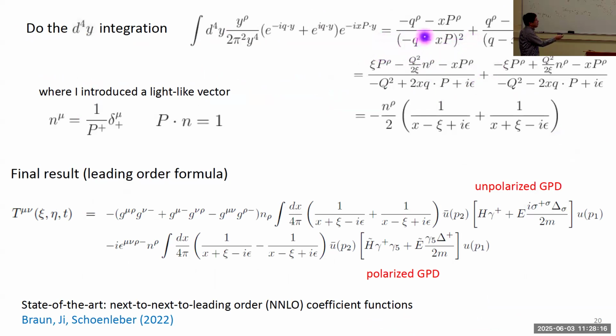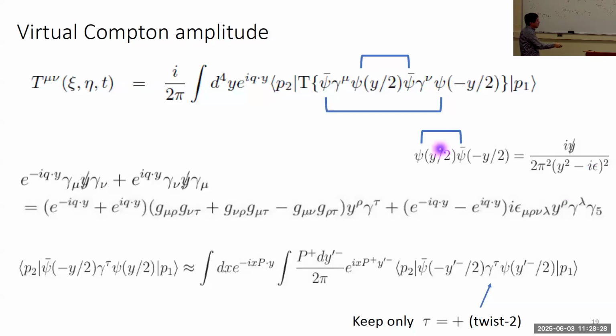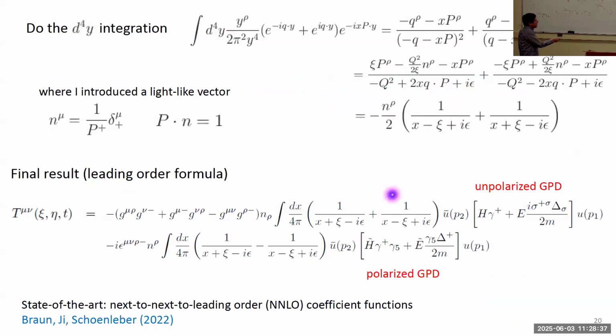So expand the denominator here, and then you remember the definition of the generalized Bjorken variable here, and also the x. At this point, x is a dummy variable. This is not the Bjorken x. It's just a dummy integration variable that I introduced in this step. And then you obtain this expression.